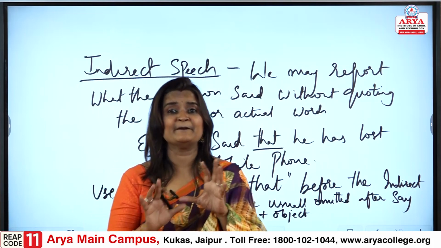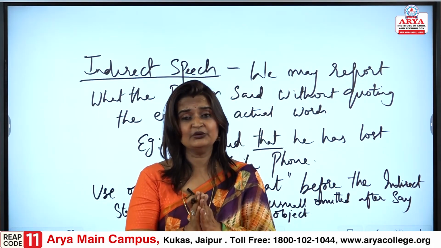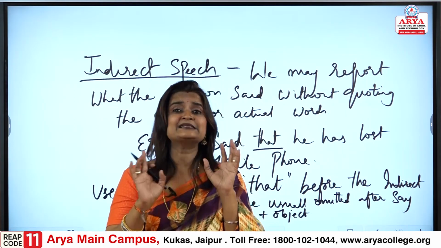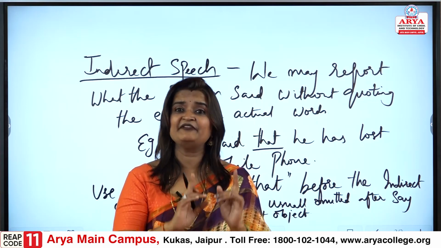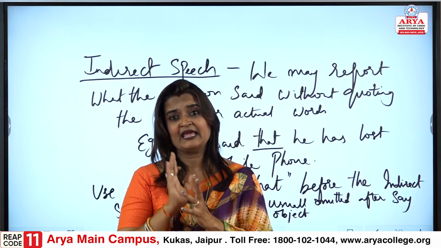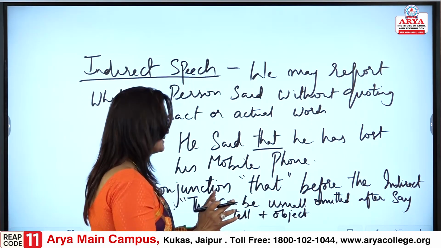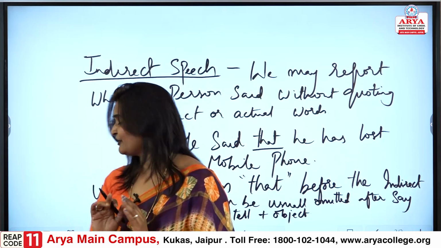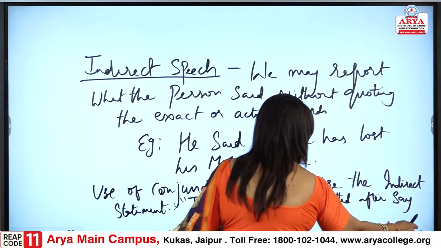So please remember this blind rule: "that" is compulsory after said, but if instead of said we have say or tell, in that case we can omit "that", it is not compulsory. Fine. So let us understand a few more points then.